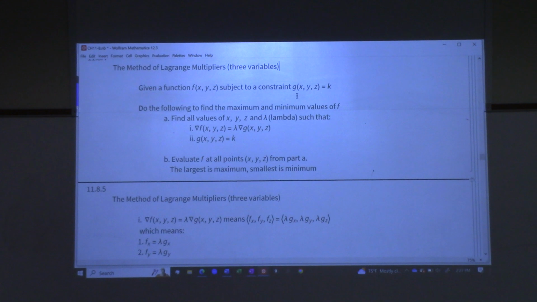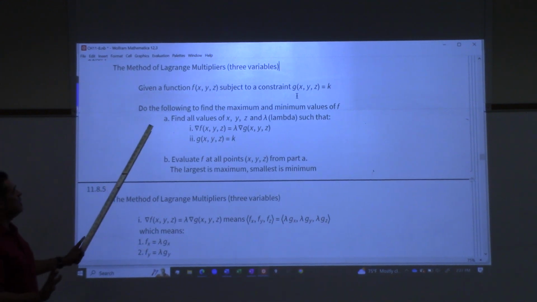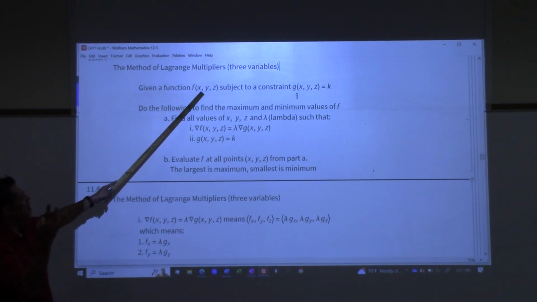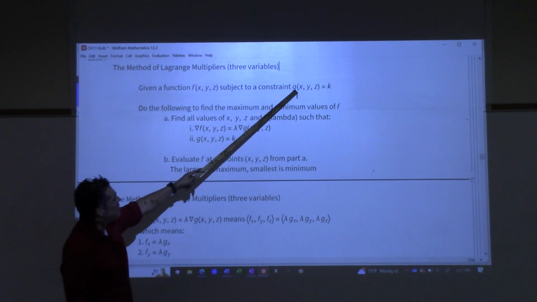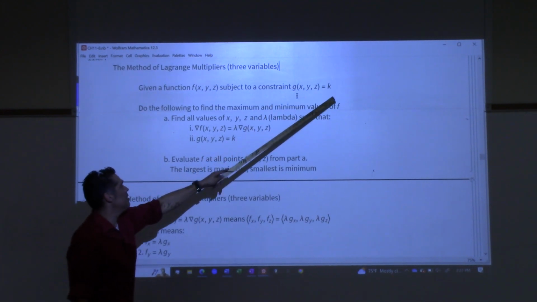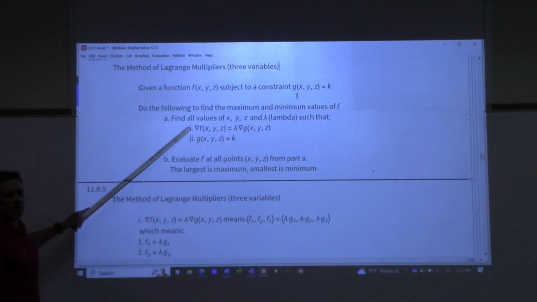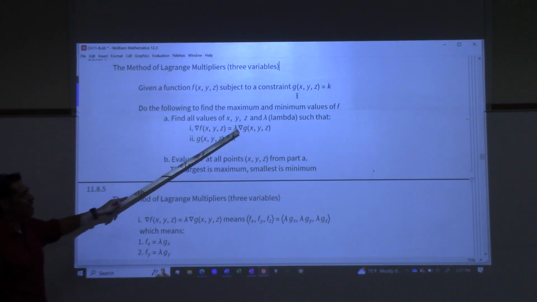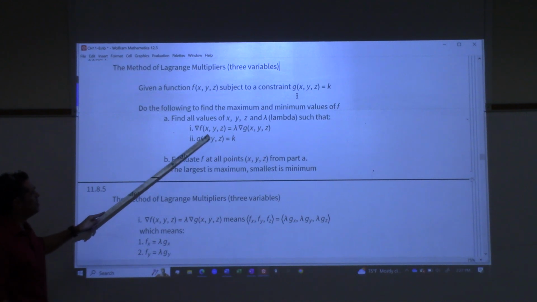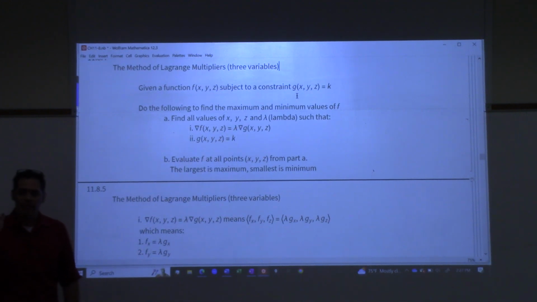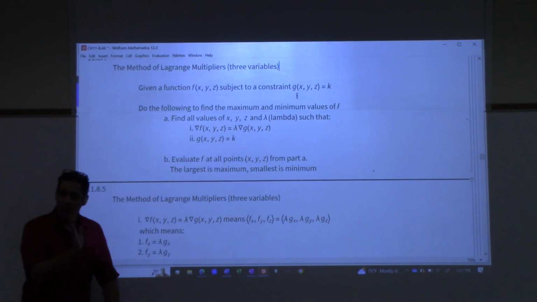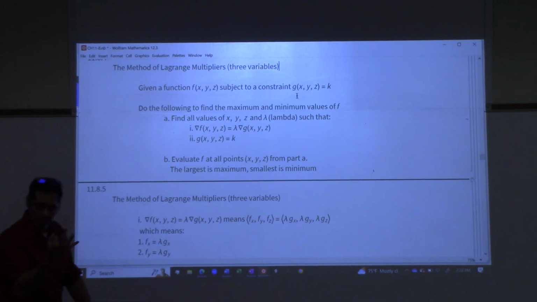Okay, well, it's the same exact idea. You have a function now of 3 variables. You have a constraint equation that has 3 variables equal to a constant. You still want to figure out where the gradient vectors are parallel. And you still want to make sure that the constraint equation is satisfied. The big difference is that when you do these gradients, you now have the partial with respect to x, partial with respect to y, partial with respect to z, right? You have 3 things.